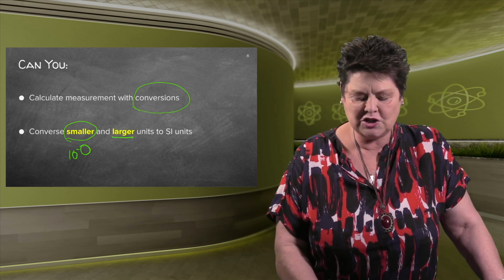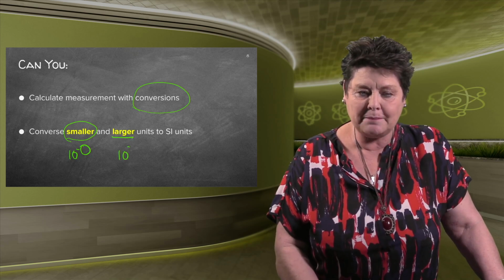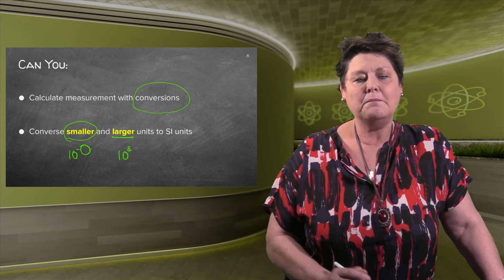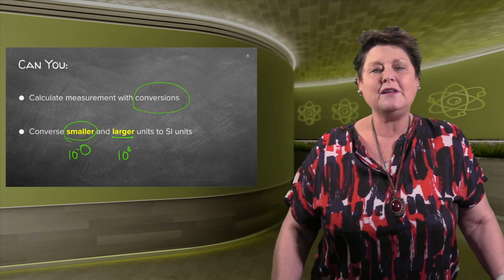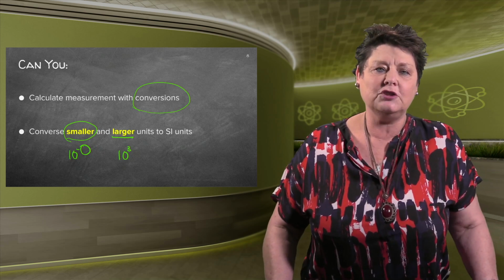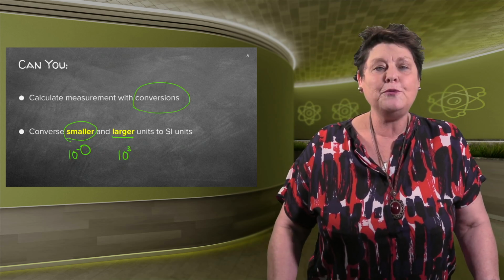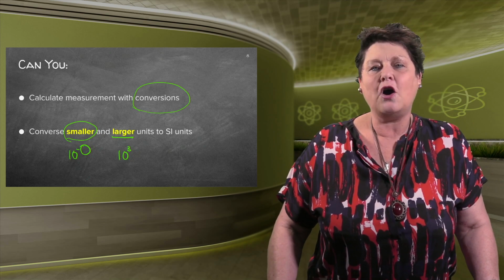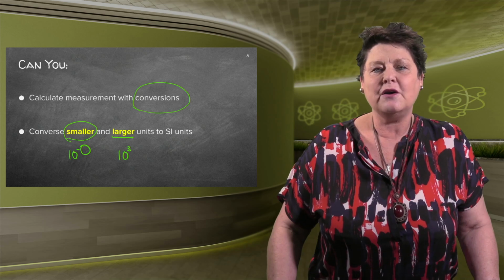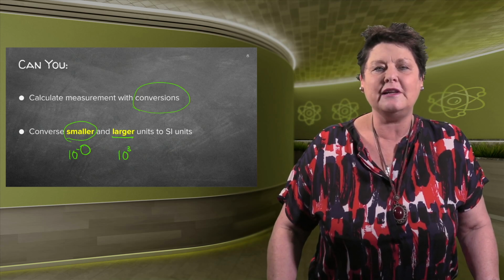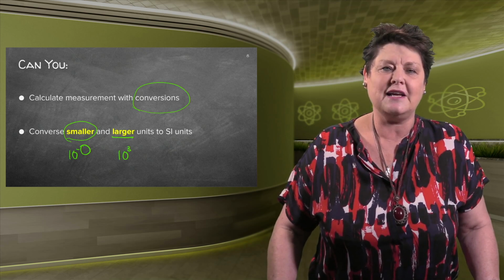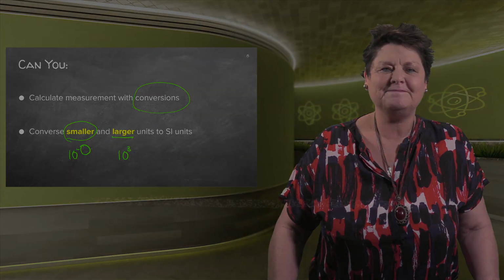And if it's larger, it's usually multiplied with a power. Make sure that you know what the difference is in terms of units. I hope you understood, and you are going to use these conversions quite well and accurately in your physical sciences. Bye.